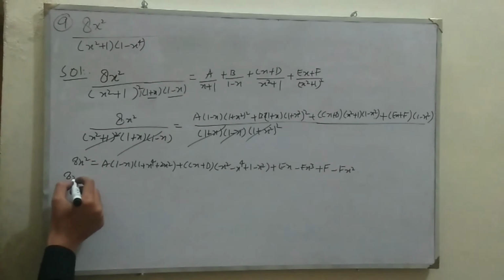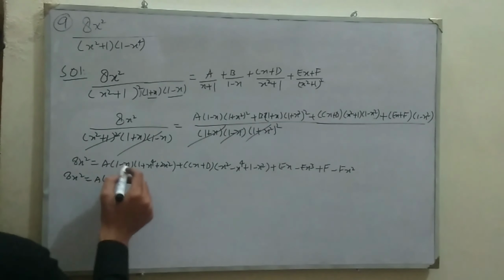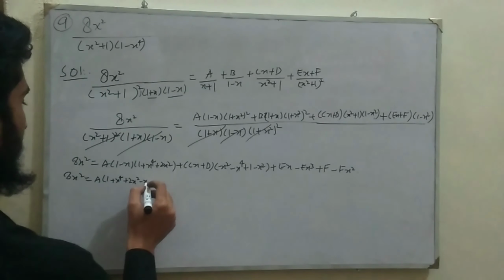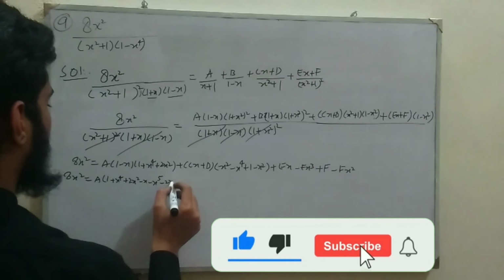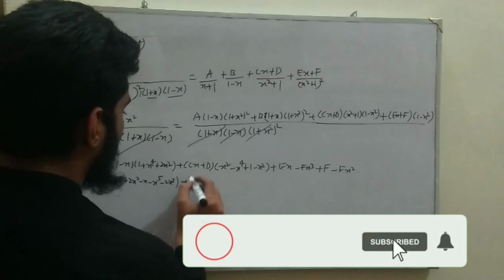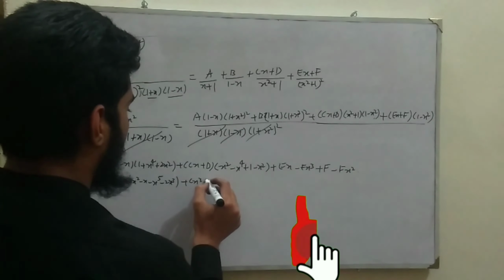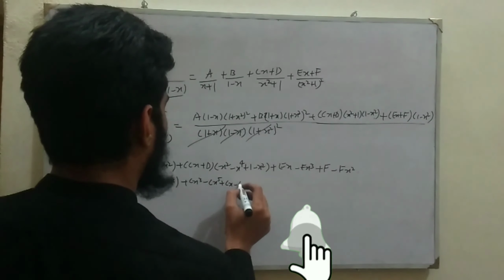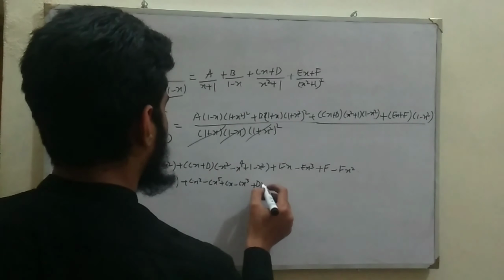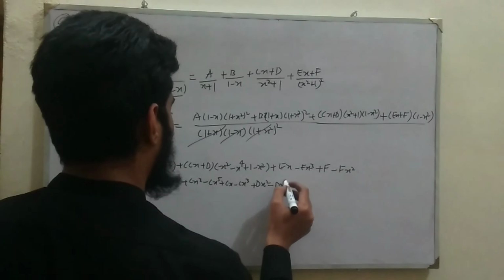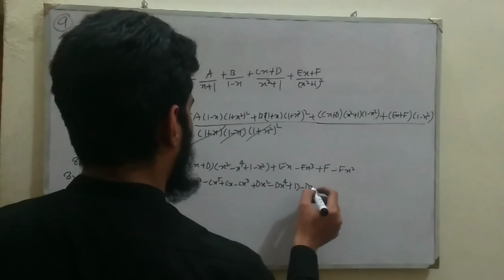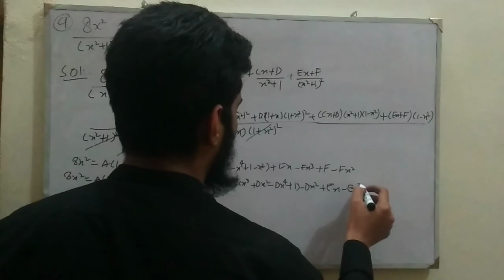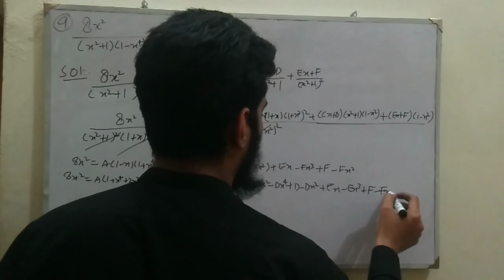Now after this, x square is equal to a times 1 plus x power 4 plus 2x square minus x power 5 and minus 2x raised to power 3 plus cx cube and minus cx power 5 and plus cx minus cx cube and plus dx square minus dx power 4 and plus d and minus dx square plus ex minus ex power 3 plus f minus fx square.